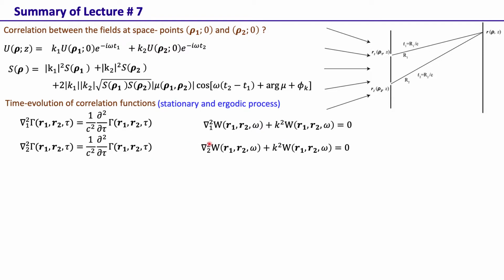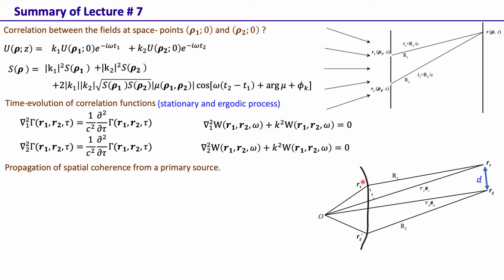Correspondingly, if we take the single frequency version of this, then we have the cross spectral density function also satisfying this wave equation, which in this case looks like the Helmholtz equation. And this equation is for a single frequency k, omega equal to ck.